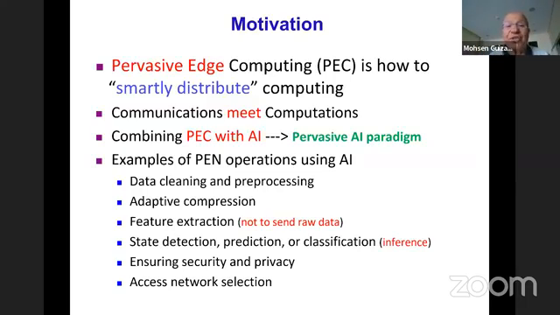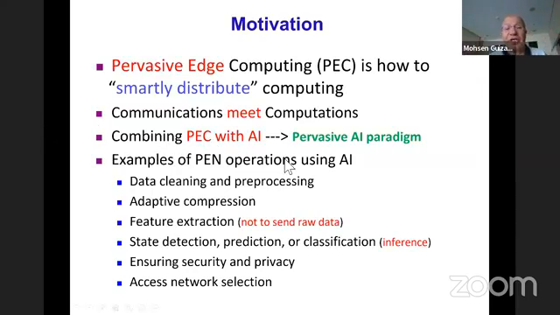As you can see here, pervasive edge computing is how to communicate less so that computing is better, or how to compute less so that communication is successful and much more rewarding.